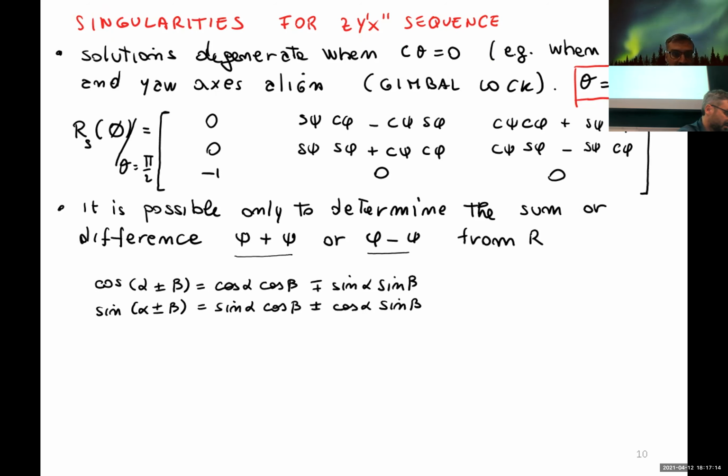So you cannot distinguish between psi and phi, and this means that to the same rotation matrix we have an infinite set of angles that correspond.